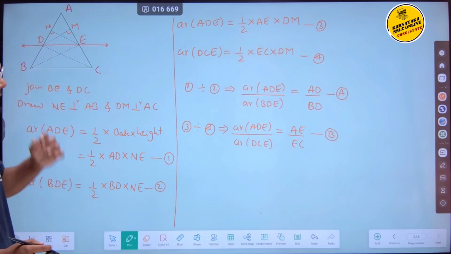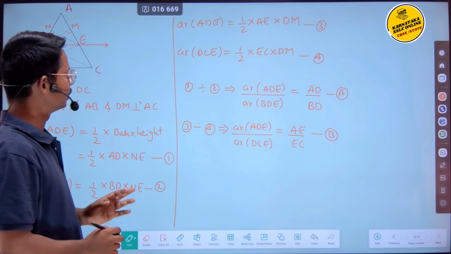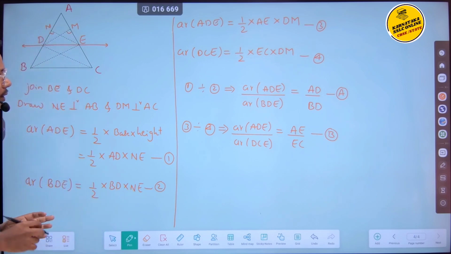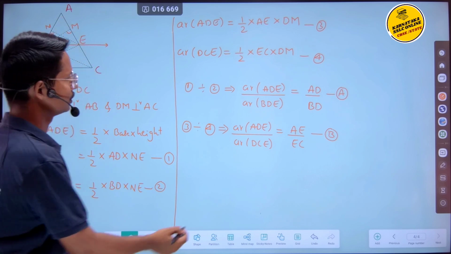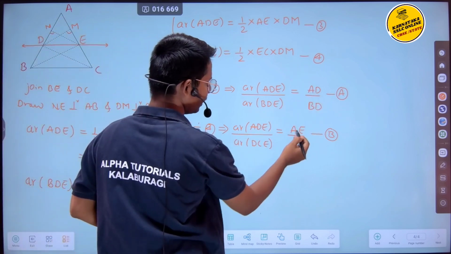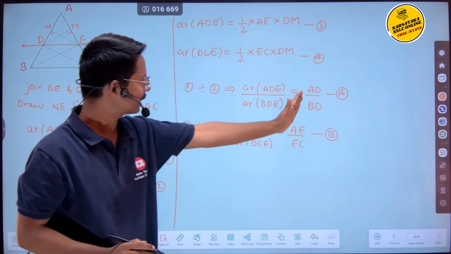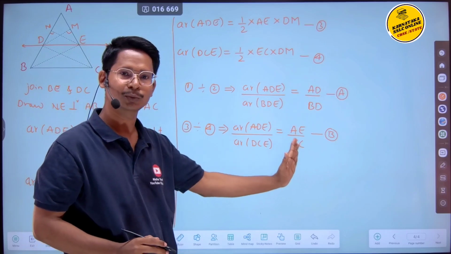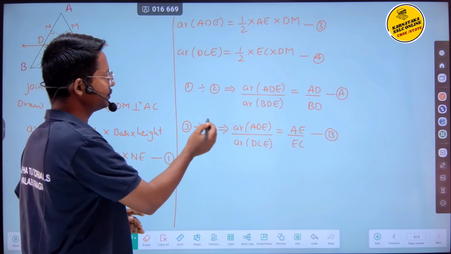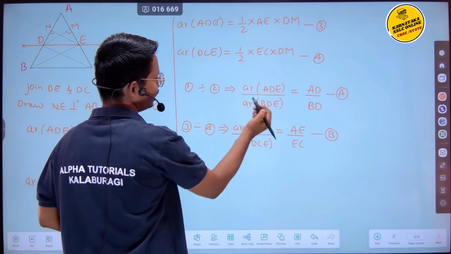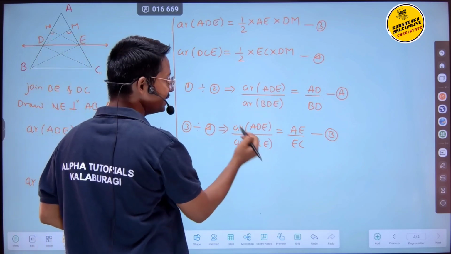Now, I told you our result to prove is AD by DB equal to AE by EC. See, this RHS part can be said to be equal only if LHS parts are equal. You can see here AD by BD, but here AD by DCE.